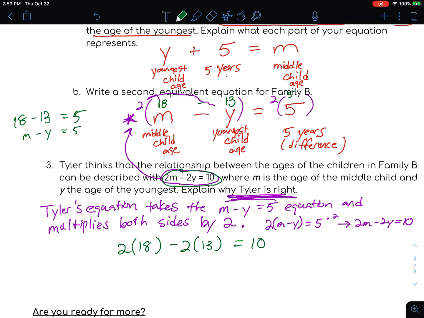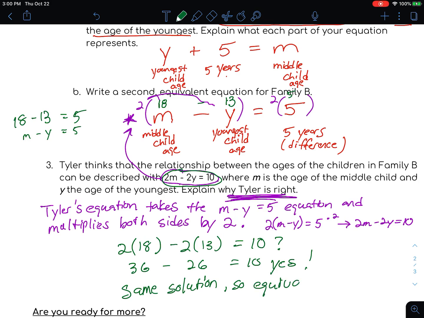I'm just putting in the m and y that I chose, 18 and 13, to see if that works out. So that would be 36 minus 26, and yes, that does work out to be 10. So same solution, so equivalent. Remember, equivalent equations have the same solution.